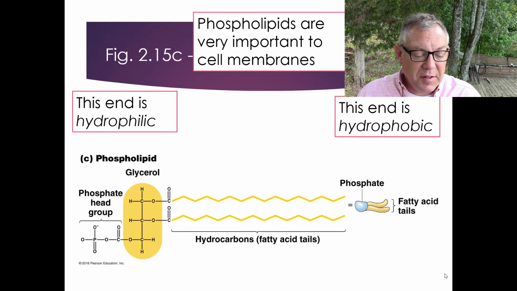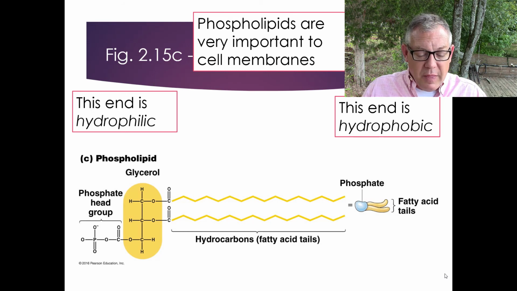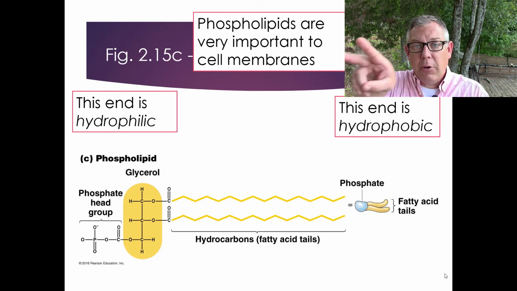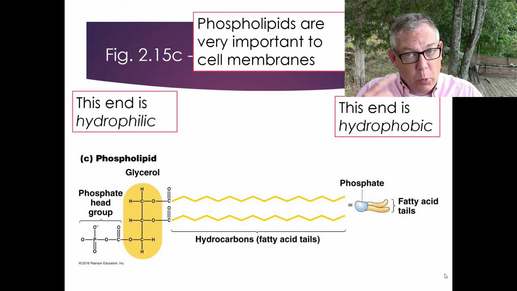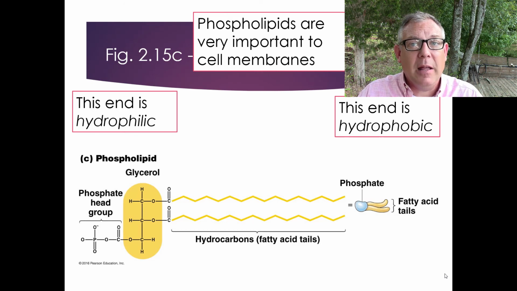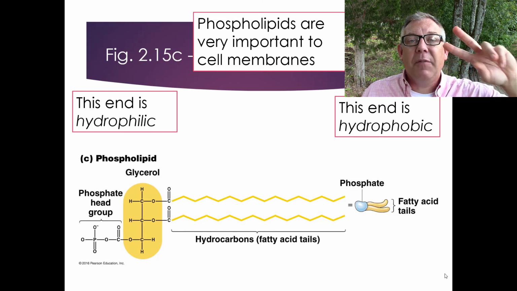And if you look at the phospholipid, an important characteristic of them is that the end with the phosphate is hydrophilic. It loves water. The end with the 2 hydrocarbon tails is hydrophobic. It hates water. And you can reason this out in your brain if you think about the properties of these molecules. Remember that those tails are made of hydrocarbon.